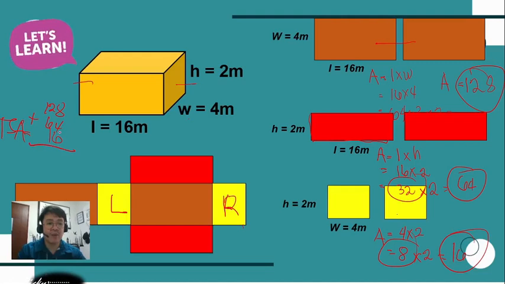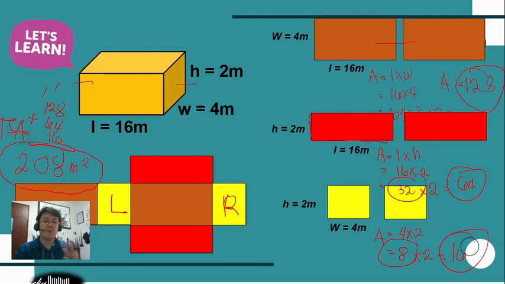So 8 plus 4 is 12, plus 6 is 18, 2 plus 1 is 3, plus 6 is 9, plus 1 is 10, 0, then 1. Therefore, we get 208, and copy the units and square this one. So this will be the total surface area. So that's how we get the total surface area.